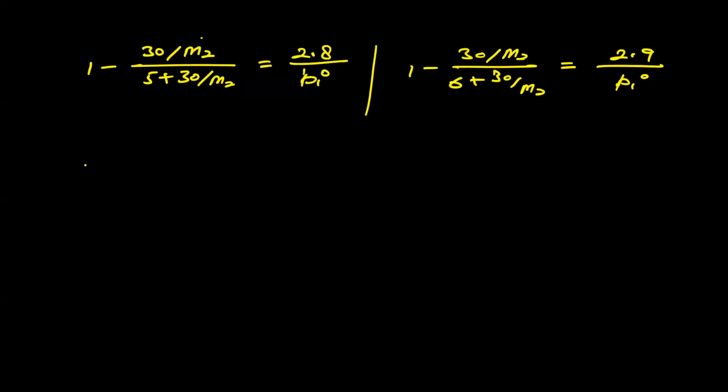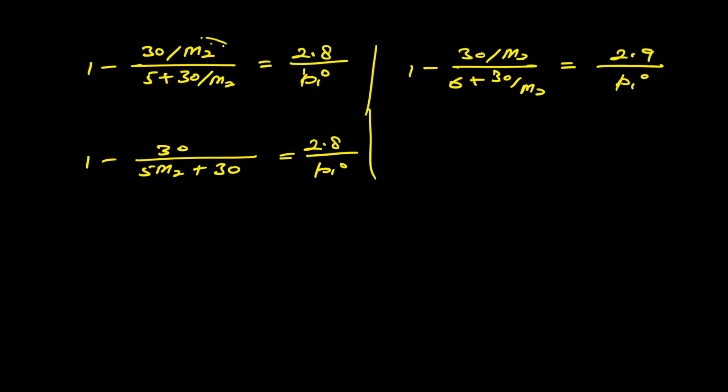So when you simplify, you will take LCM 5 plus 30 by M2, or you can first write it as 1 minus 30 divided by 5 M2 plus 30 equals 2.8 divided by P1 naught. I hope you can understand what I am writing. At least this mathematics, you understand what I am doing.